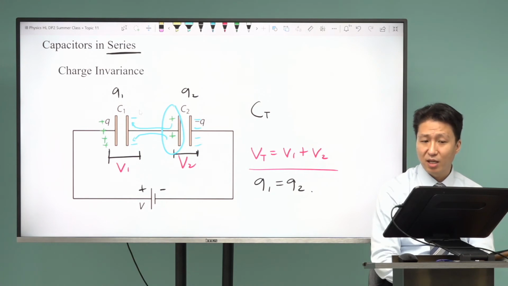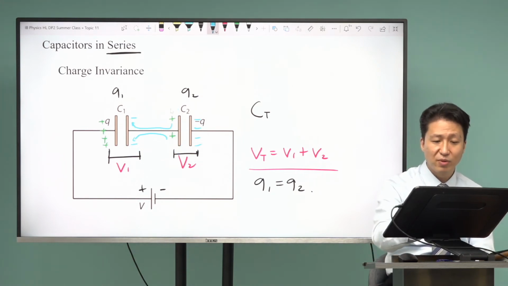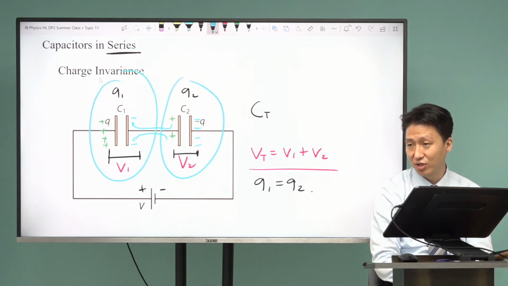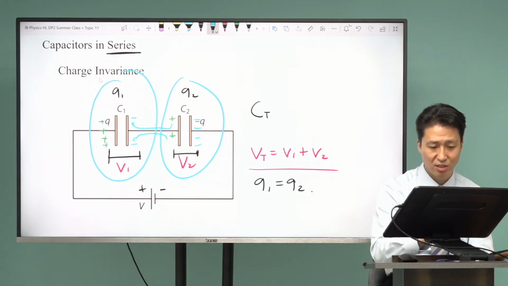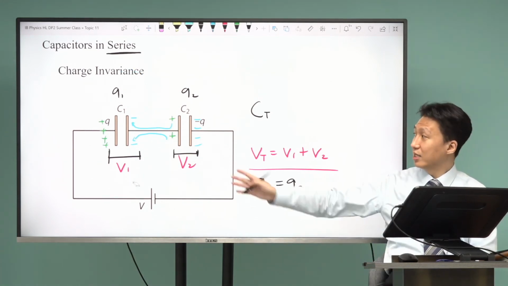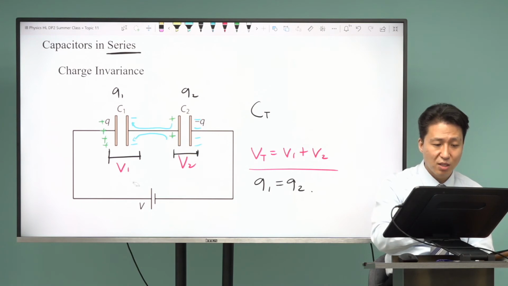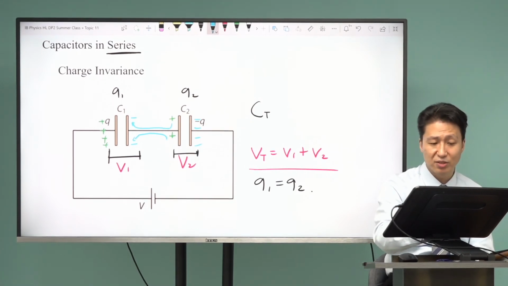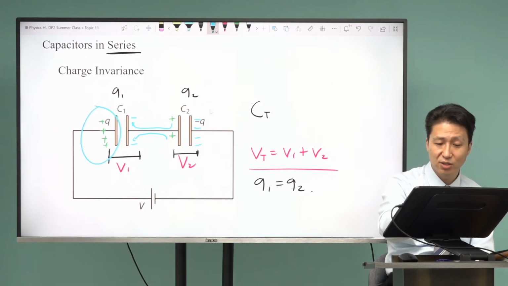This means this capacitor has the same charge as this capacitor. They cannot have different charges. And if that's the case, it's like there's only one big capacitor where one side has this charge and the other side has this charge.